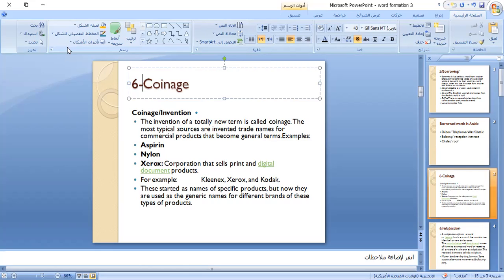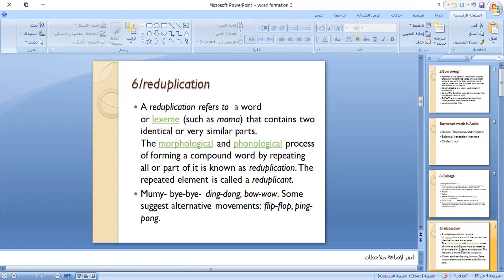It's not like clipping, where you cut the back part of the word, like advertisement, or cut the first part of the word, like telephone, and you leave phone, and so on. Okay, this is coinage.